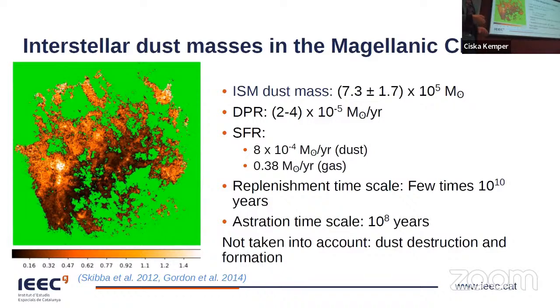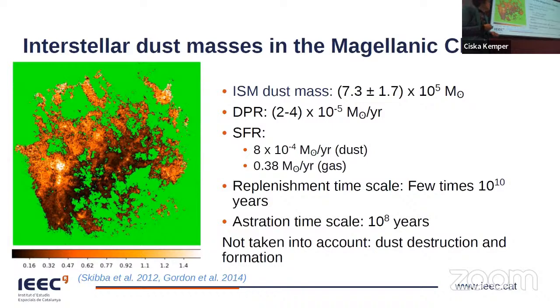If we then start looking at the star formation rate, we can actually do the same game that we did with the evolved stars also with YSOs, with young stars: fit them to spectral energy distributions and calculate the consumption of dust from the interstellar medium. We actually find that it's consuming dust at a somewhat higher rate of 8 times 10 to the minus 4 solar masses per year.